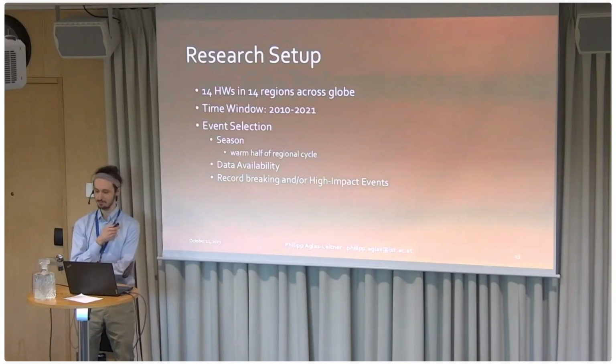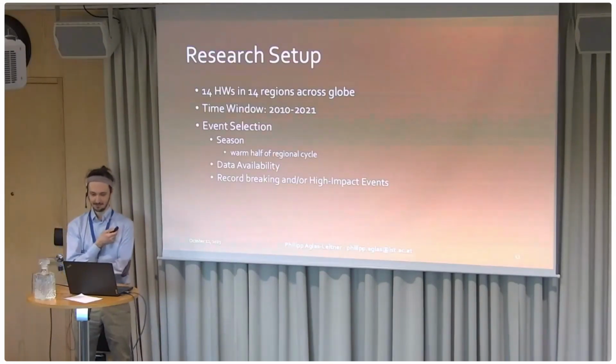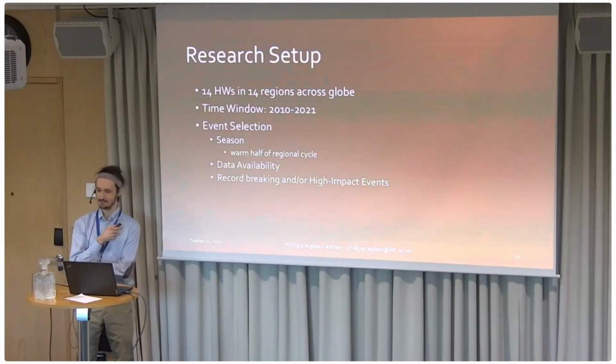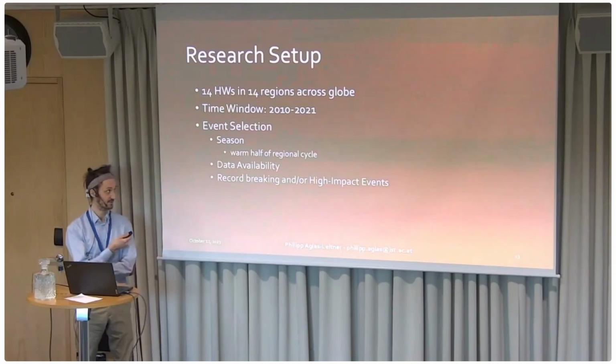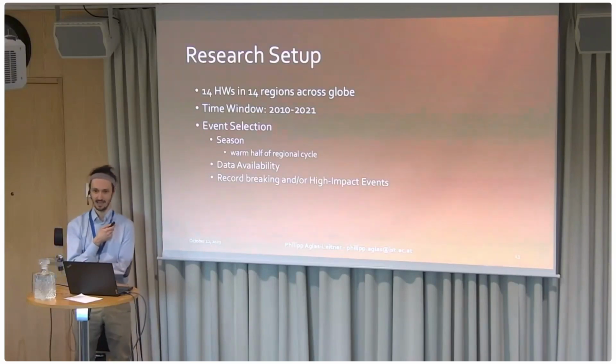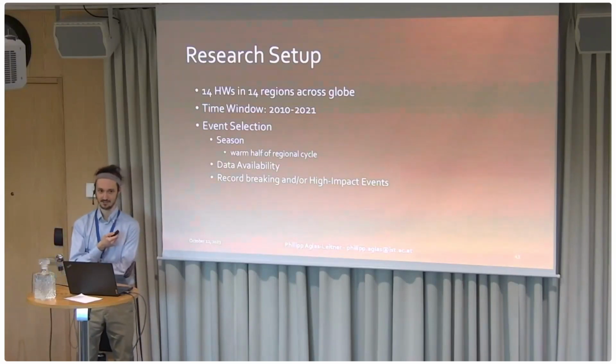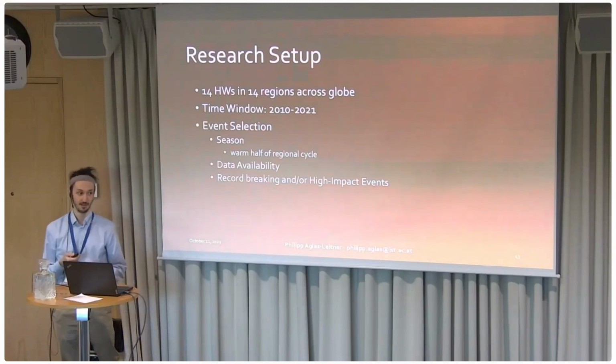And finally, we primarily looked at record-breaking and/or high-impact events. The rationale being that anchoring future heatwave projections to record-breaking and/or high-impact events in the lived experience is essential for effective adaptation, mitigation, and successful communication of how devastating heatwaves might become in the future.